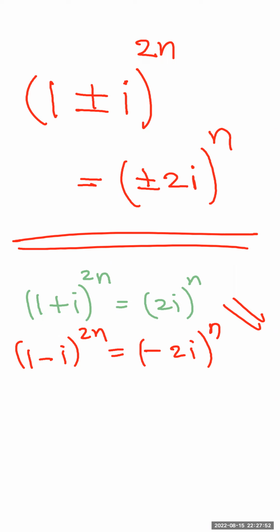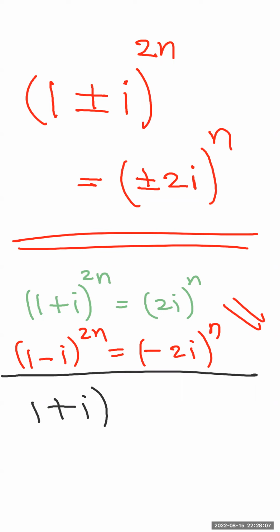Let's solve one question to understand this rule. I will keep the rules here. The question: (1 plus i) to the power 100. Is it the first form or the second? First, of course, plus. So it will equal (2i) to the power of n.